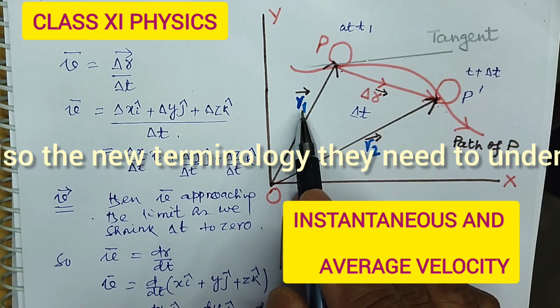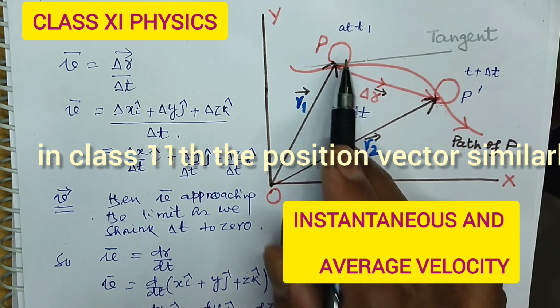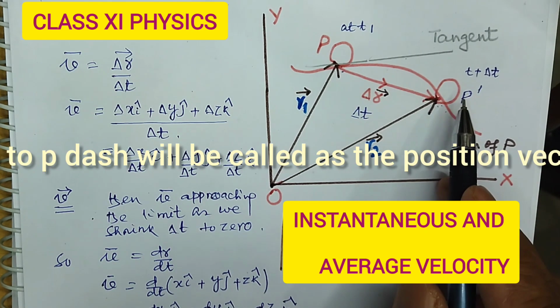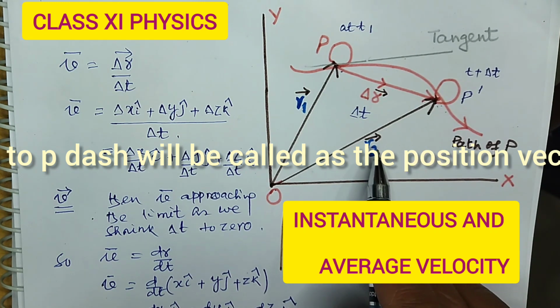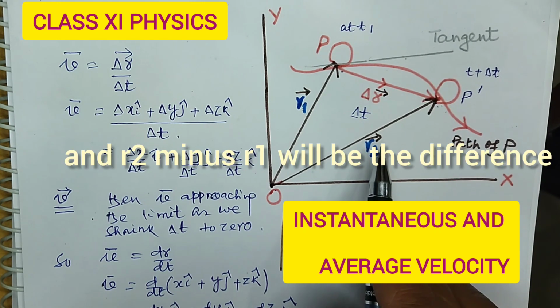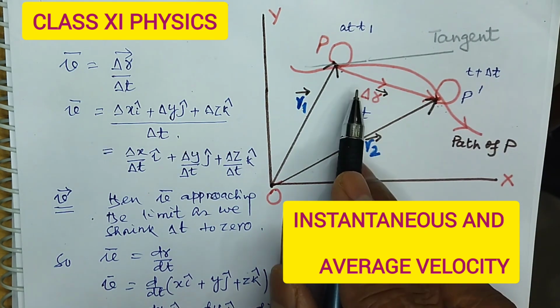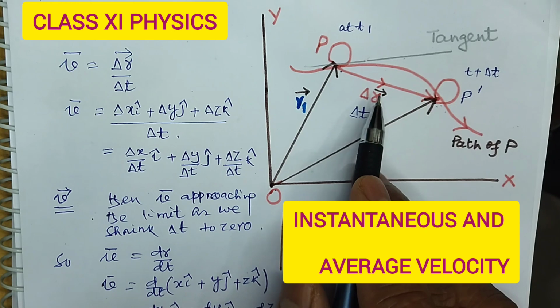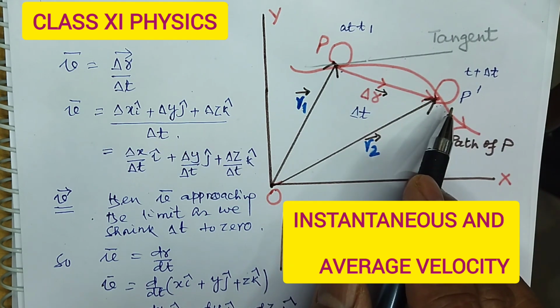This is also a new terminology they need to understand in class 11th, the position vector. Similarly, O to P dash will be called the position vector R2, and R2 minus R1 will be the difference, that is delta R, the displacement of the particle.